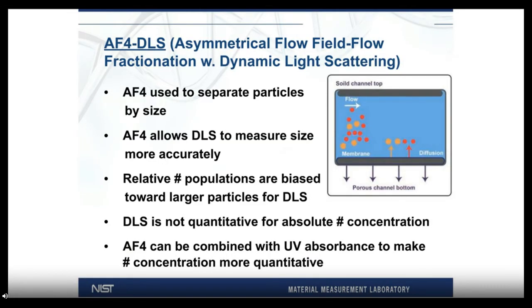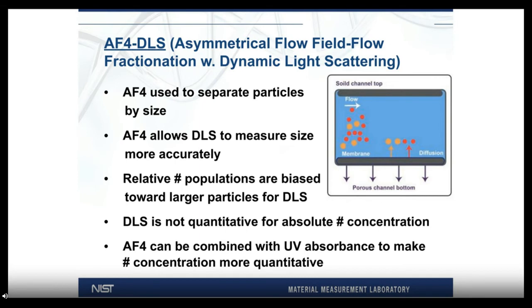We're looking at asymmetrical flow field flow fractionation with dynamic light scattering detection. AF4 is used to separate particles by size. The AF4 allows the dynamic light scattering measurement to be more accurate. And some of the problems that you have with AF4 with DLS is that relative number populations are biased toward larger particles.